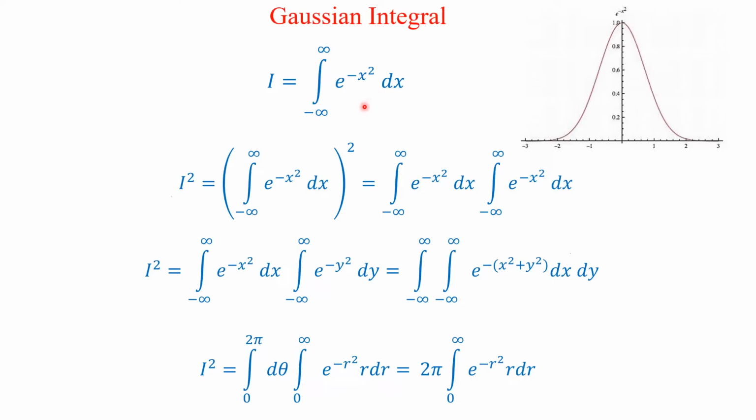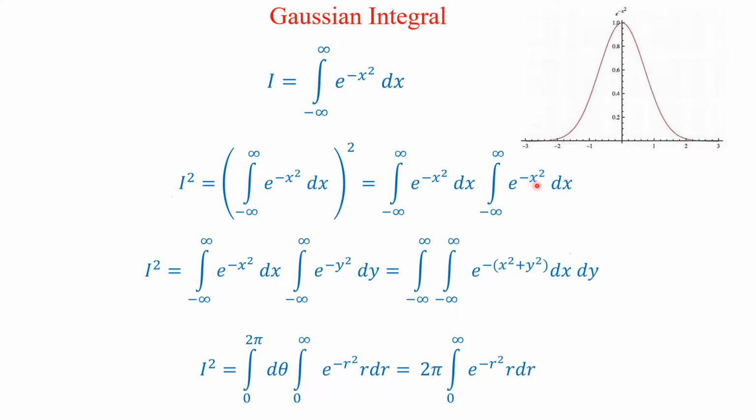To solve this, we are going to do a small trick. You square the integral, that is, I squared, which is equal to I multiplied by I. Now in the second integral, replace the variable x by y.